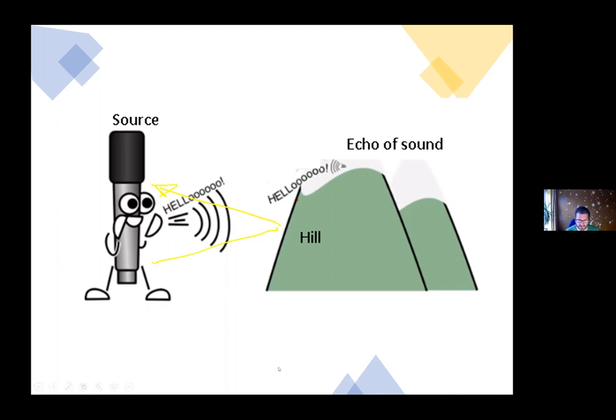Give me a second. So what we would like is that the sound goes and comes back, and goes to the other hill and comes back, and then you start getting an idea of the structure of the hills and how far away they are.